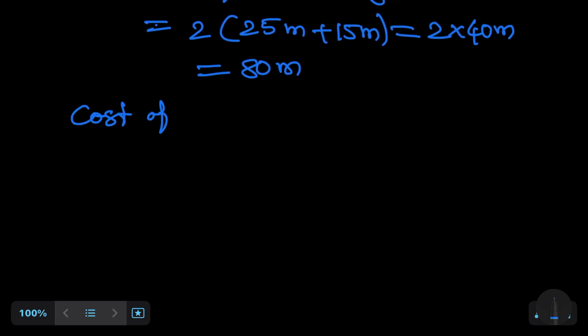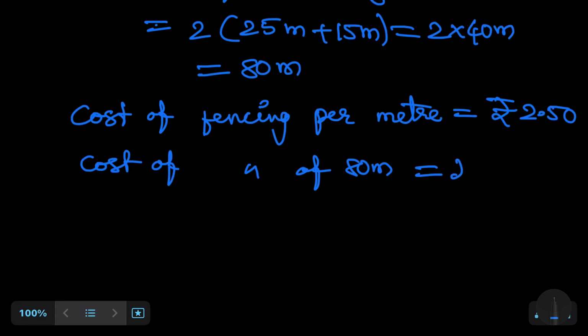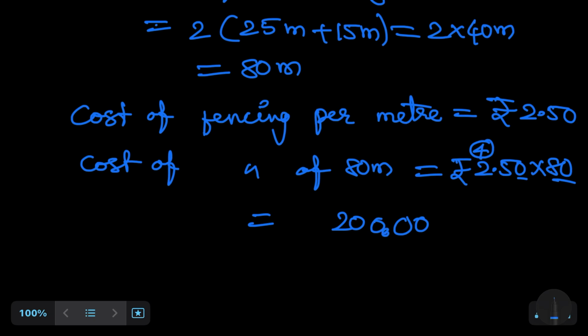Cost of fencing per meter equal to 2 rupees 50 paise. Cost of fencing of 80 meters equal to 2 rupees 50 paise into 80. Write 2 zeros, 8 5s are 40, 4 is the carryover, 8 2s are 16 plus 4, 20. So 200 rupees is the cost of fencing.